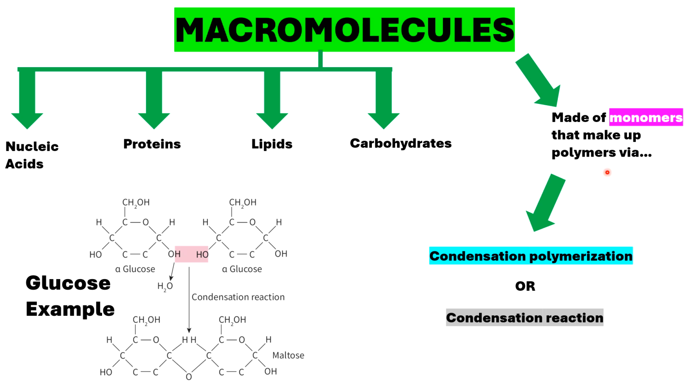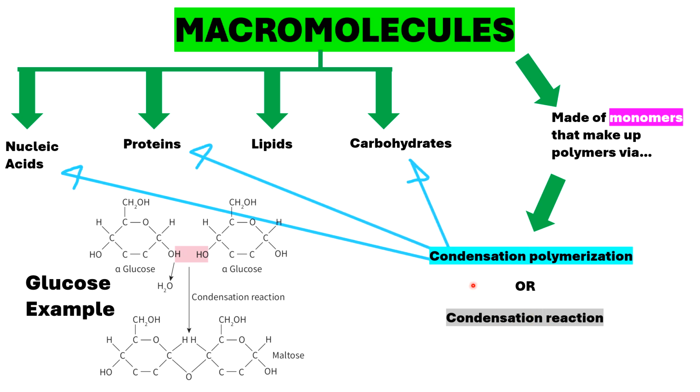But how does this happen? Well, this is done by either condensation polymerization or condensation reactions. Condensation polymerization applies to carbohydrates, proteins, and nucleic acids. Condensation reactions are for lipids only.